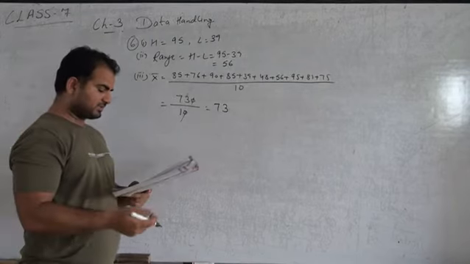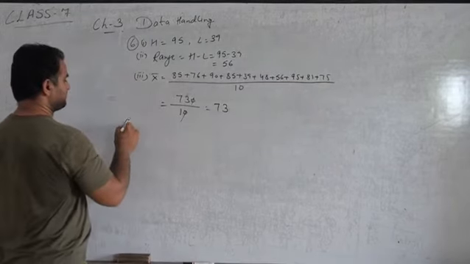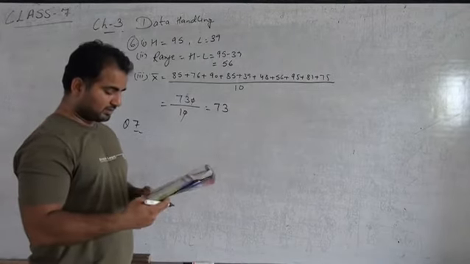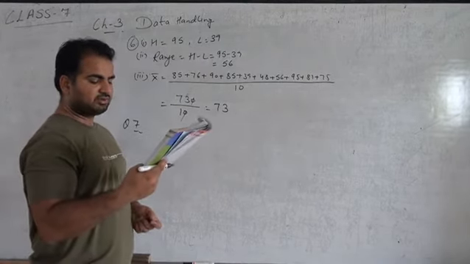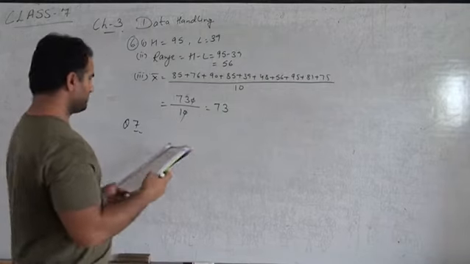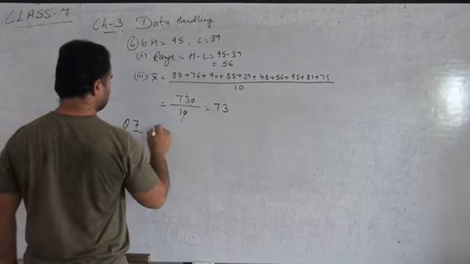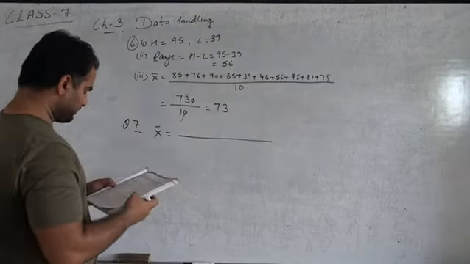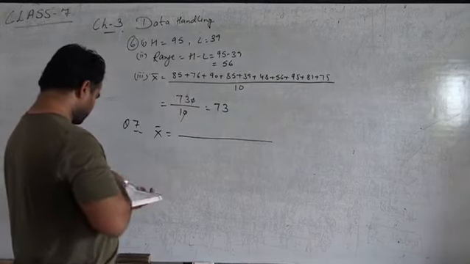Next question is question number 7. The enrollment in a school during 6 consecutive years was as follows. So x bar equals, we have to find the mean. We have to get a total of all of the numbers.